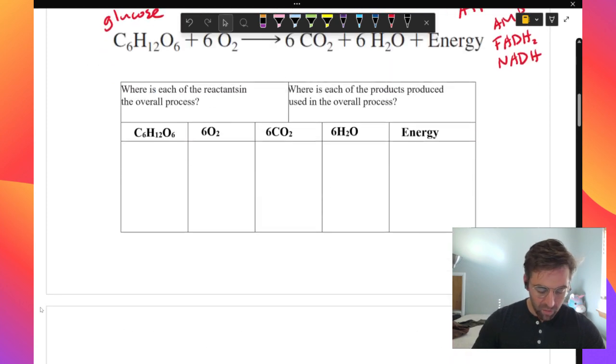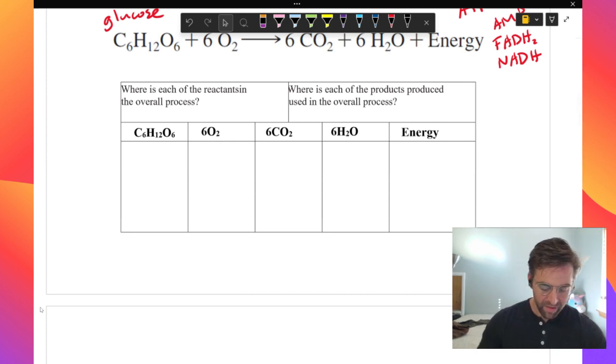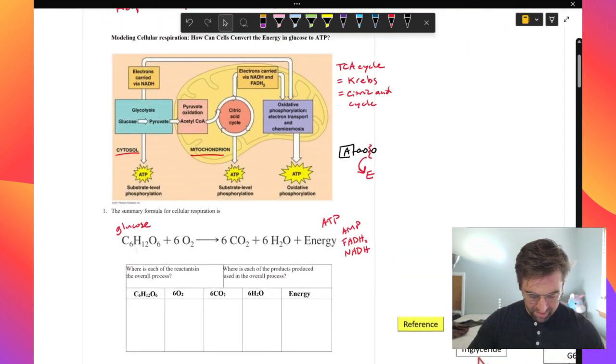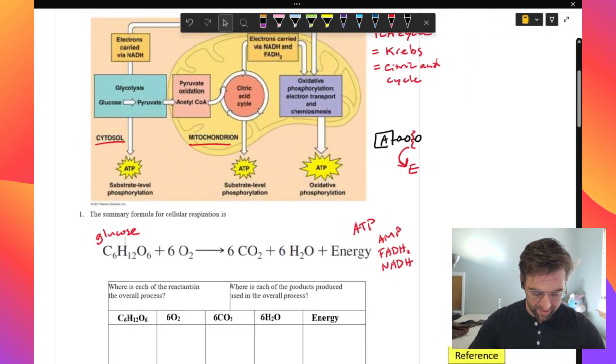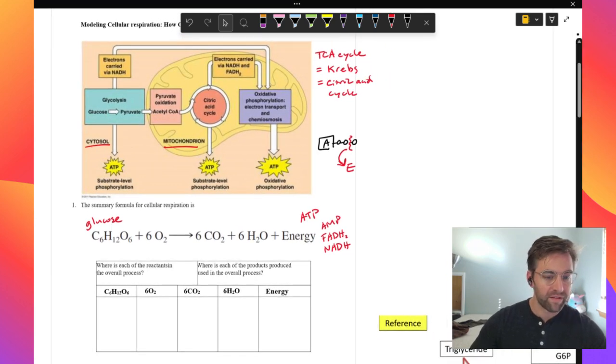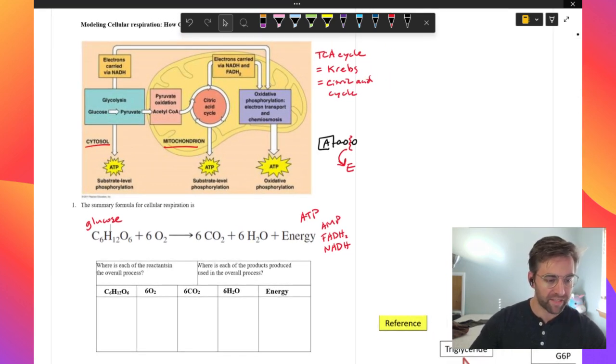All right, so where is each of the reactants in the overall process? We have reactants on the left, products on the right. We can zoom out and look at the overall model here. So where is glucose present as a reactant in this process?